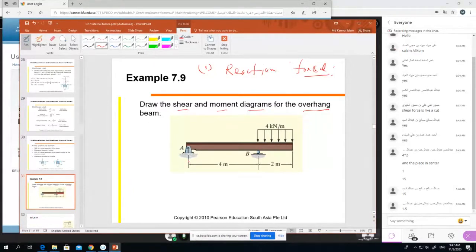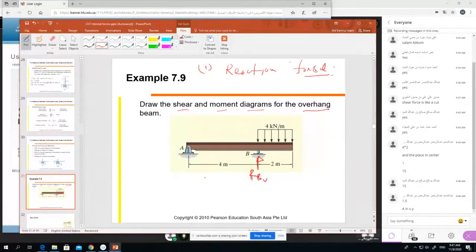If you want to calculate the reaction force, B is a roller, so you will have only one reaction, RB, the vertical reaction at B. And at A there will be two forces, reaction A horizontal and reaction A vertical, right?